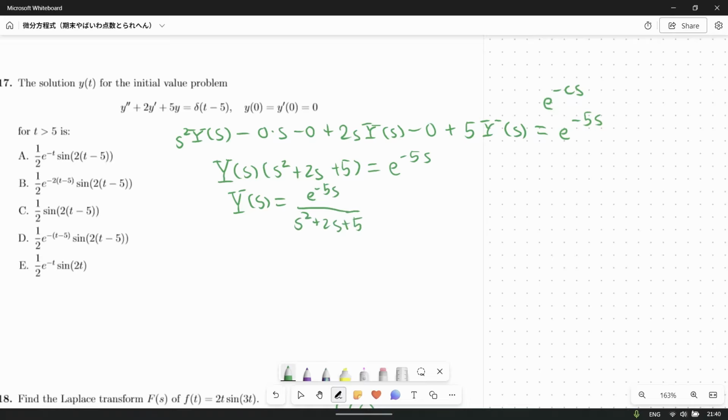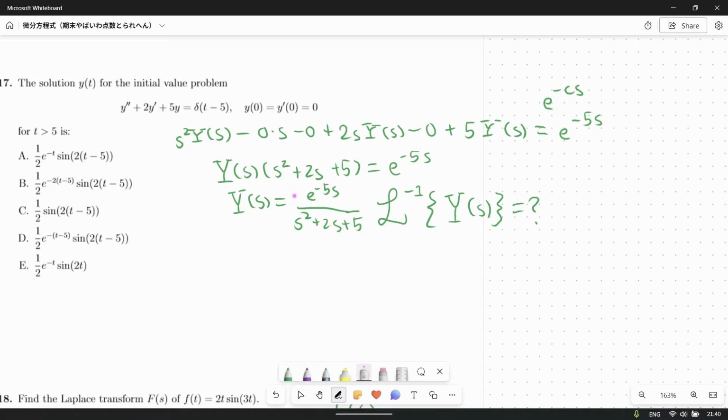And so now we have it in a form where we can take a Laplace inverse. So the next thing we have to do is find the Laplace inverse of Y of s. To start, usually when you're solving an initial value problem using Laplace transforms, more often than not, you're going to end up with a starting term that looks pretty hideous like this, where it doesn't nicely mesh with anything on your Laplace table.